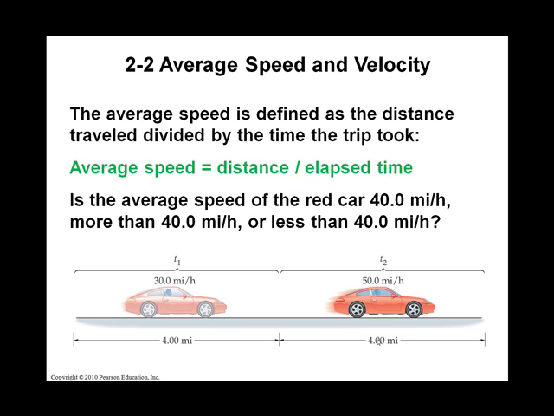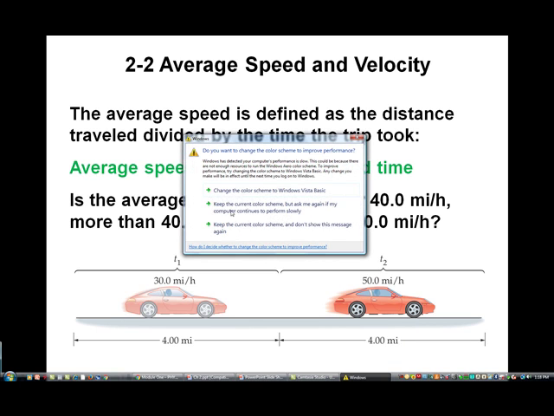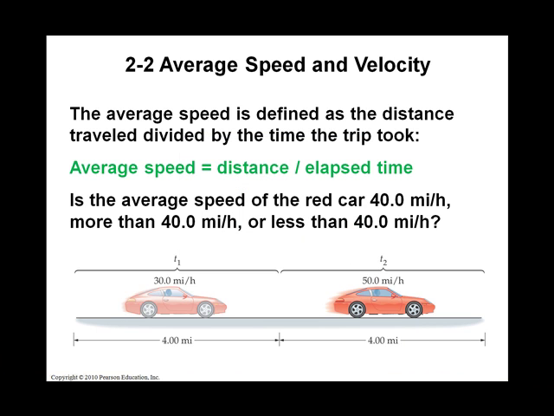If I do the same thing for the second part of the trip, 4 miles divided by 50 miles per hour, I'm going to get 0.08 hours. If I add those together, I get a total of 0.213 hours. So 8 divided by the total time is going to give me a speed of around 37.5 miles per hour, which is lower than what you would think, right? It's lower.